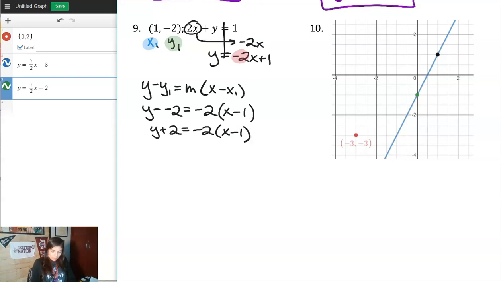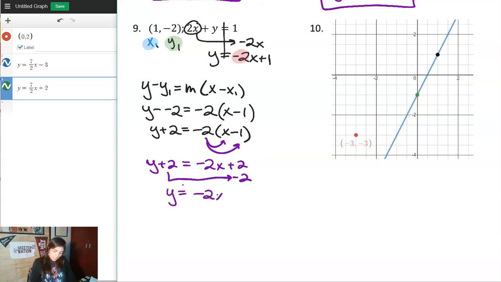And now all we have to do to write it in slope-intercept form is quickly distribute and then move the positive 2 to the other side. Crossing the line, we change the sign. Positive 2 and negative 2 will eliminate, and so our equation that we think is right is y equals negative 2x. But of course, let's visually make sure that it makes sense in Desmos.